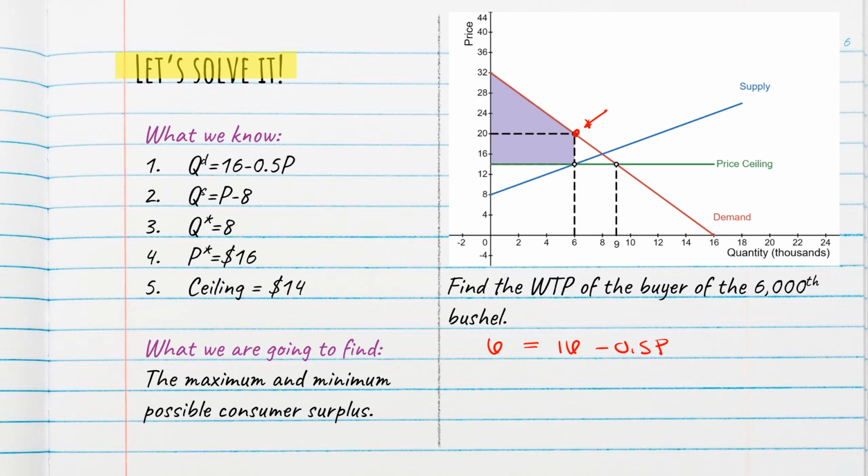So we're searching for the willingness to pay of the person who buys this 6,000th unit. So we're going to solve for p. We end up with 0.5p is equal to 10. Multiplying both sides by 2, we get that p is equal to 20, just like our picture shows us.